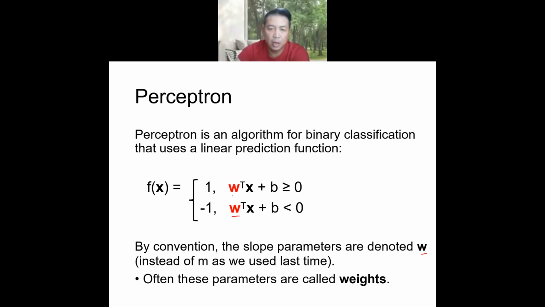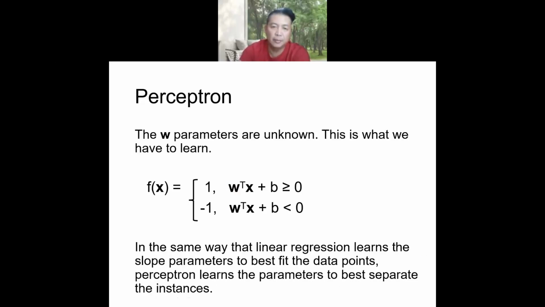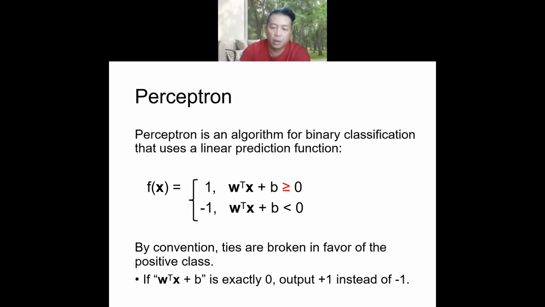So this is your slope parameter. In the previous example, we used m, right? So m is similar to what we have here. This is the slope parameter. Sometimes they call it the weightage.